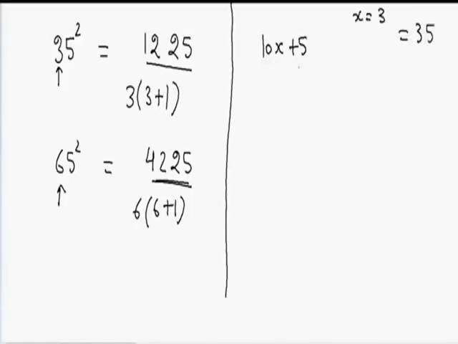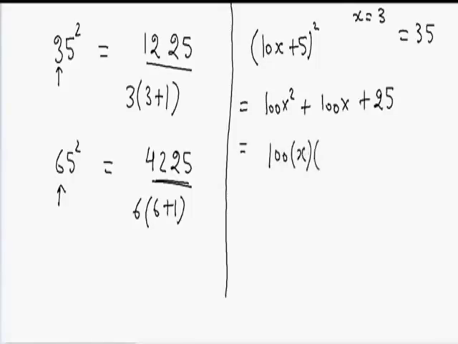Now if we square 10x plus 5, that will be equal to 100x squared plus 100x plus 25. If we solve this, that will be equal to 100 into x into x plus 1, plus 25.